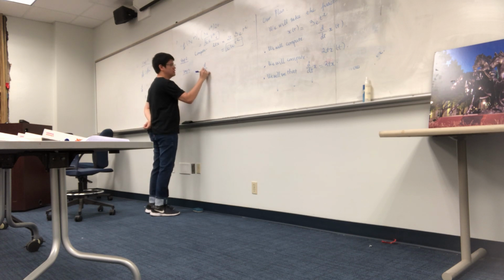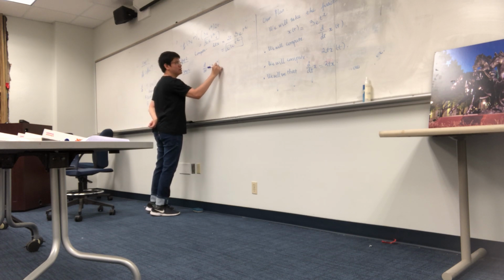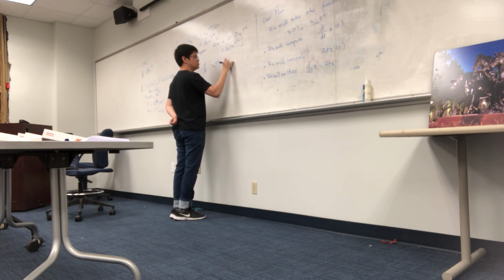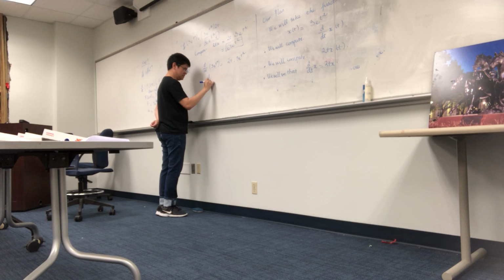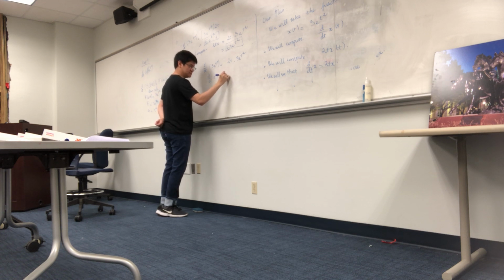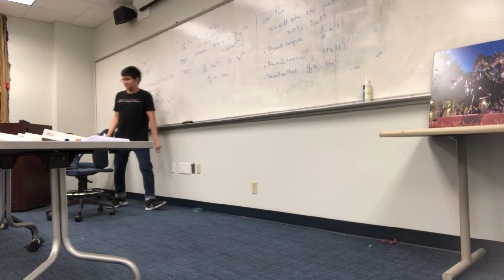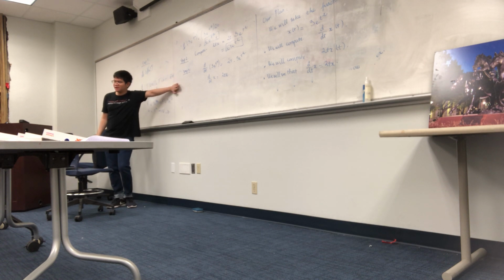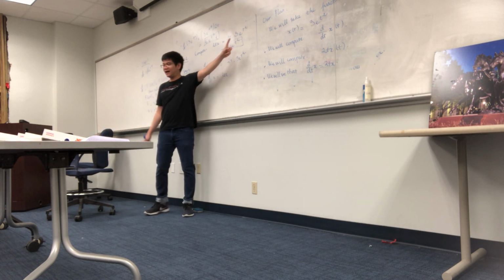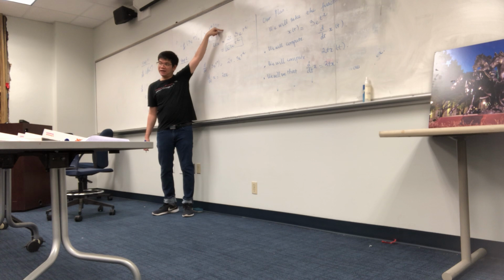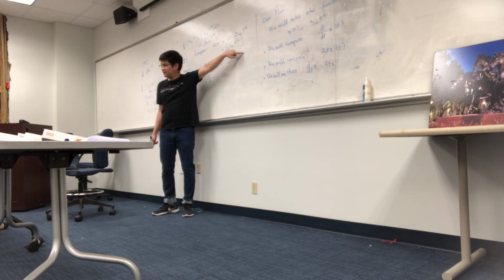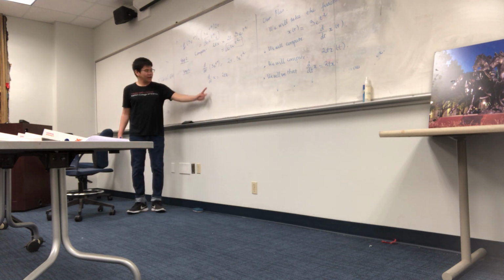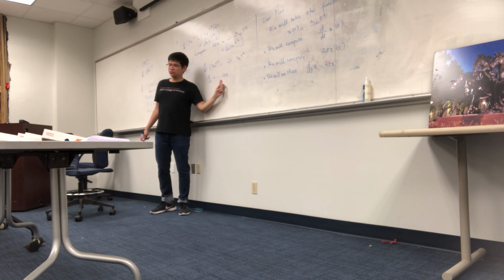d over dt of 3e^(t²) is 2t times 3e^(t²), which means that dx/dt is 2tx. All right? So in the last step, I'm going to compare this and this, and I see that they are equal. So I'm going to say that dx/dt is equal to 2tx.